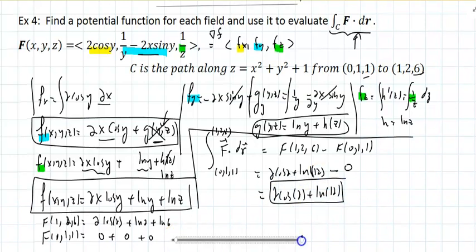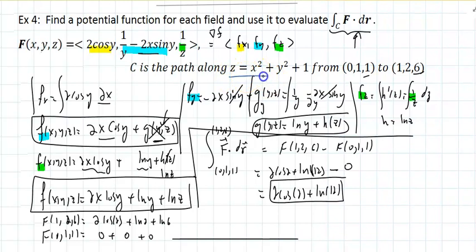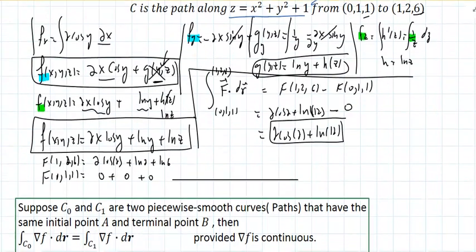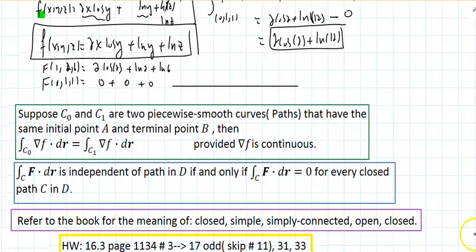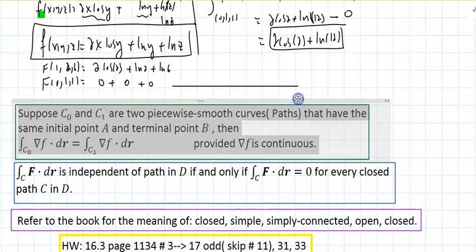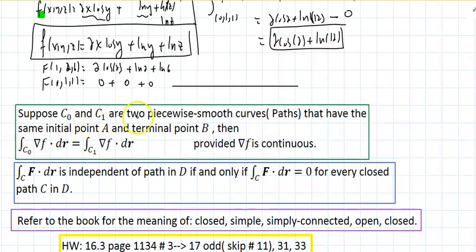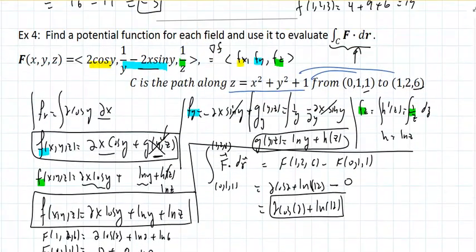And you might be asking, but wait a minute, you didn't take this into account. Well, the points are on it. I didn't take this into account because you're going to read a couple of things on your own and figure out what that means. Suppose c sub 0 and c sub 1 are two piecewise smooth curves that have the same initial and terminal point, then the integral along either path is the same, provided that the gradient is continuous.